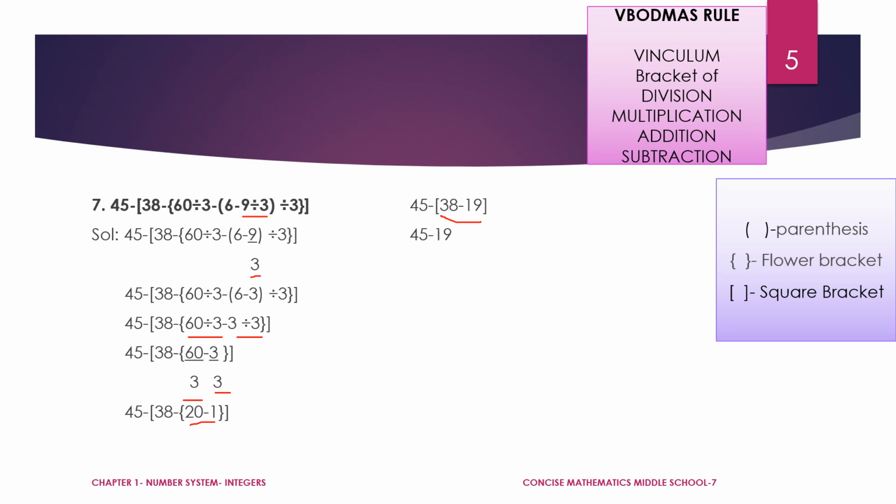Inside that, you don't have any division or multiplication. In each and every brace, you need to check for division, multiplication, addition and subtraction, and you need to solve it as per the order. Now, 45 minus 19 will be 26. Right? Let's move on to the next one.